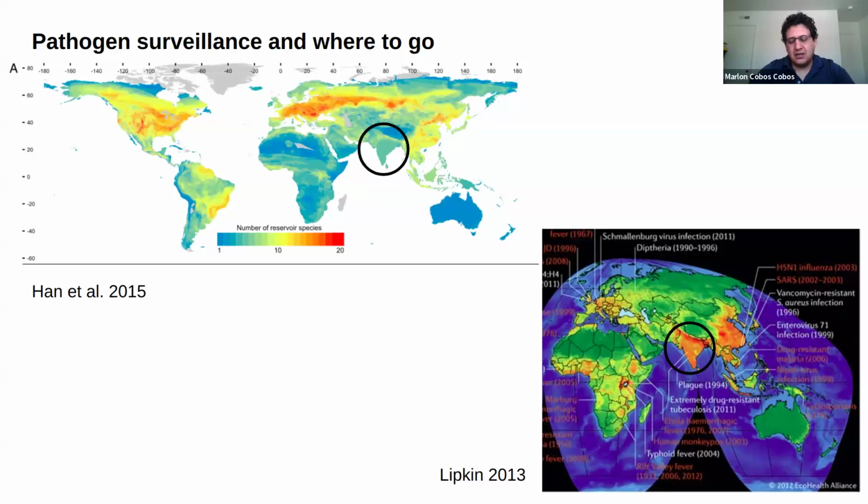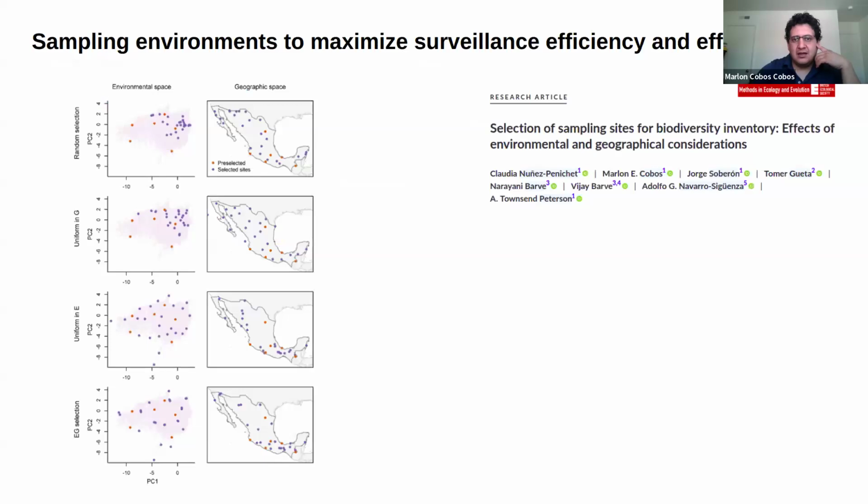And so for this need to gather data, the idea is that we need to go and actually check what's there. In a previous work that we developed in my group, we started studying how to make the consideration of environments more clear and direct in deciding where to go for surveillance of biodiversity in general.